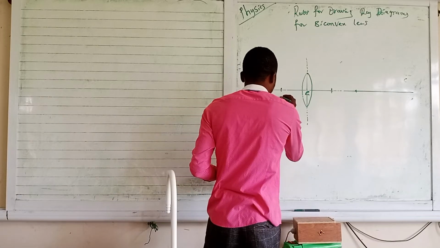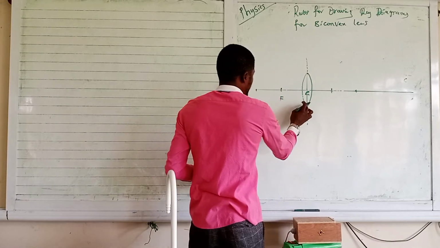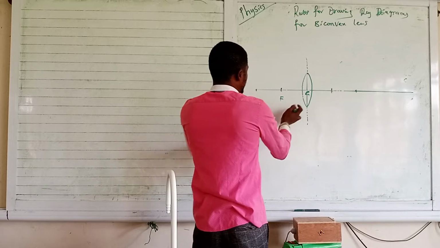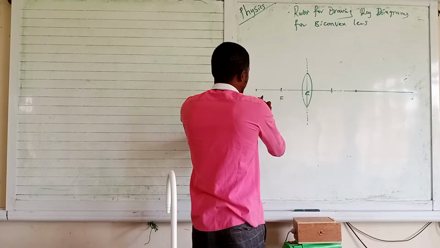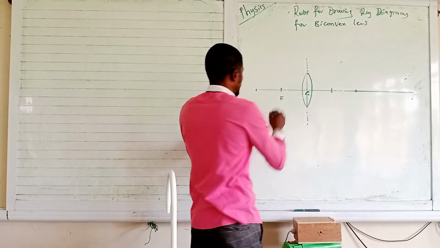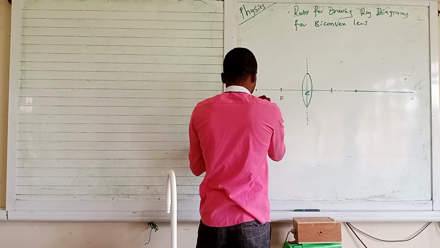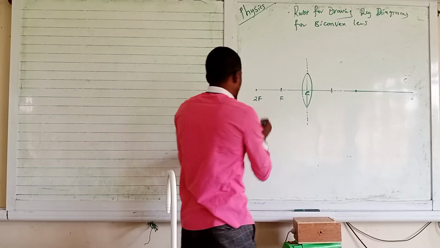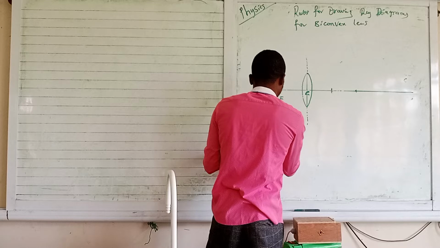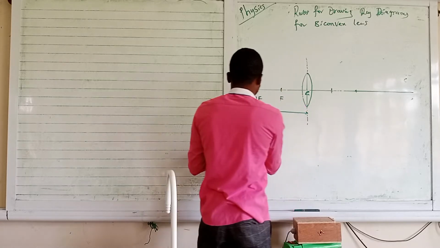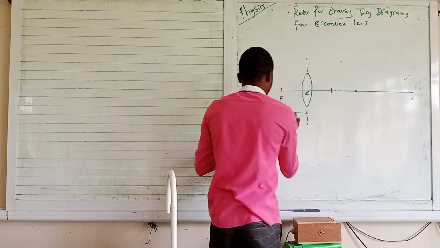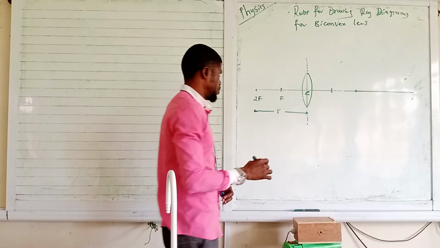From here to here is our F. Because here to here is F, here to here is F. You need 2F, so here is your 2F. And from this point to this point is your R, the radius of curvature.